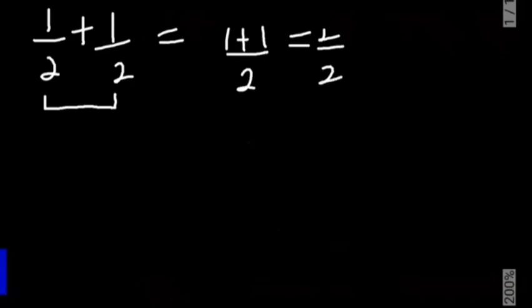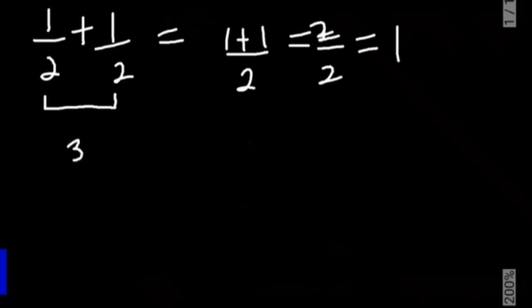This is what we did. If you look closely, you see that these two fractions have the same denominator of 2. So once the fractions have the same denominator, we just pick one of the denominators and we add their numerators. So 1 plus 1 is 2 over 2. And 2 divided by 2 is what? 2 divided by 2 is 1. So that is why half plus half is 1.